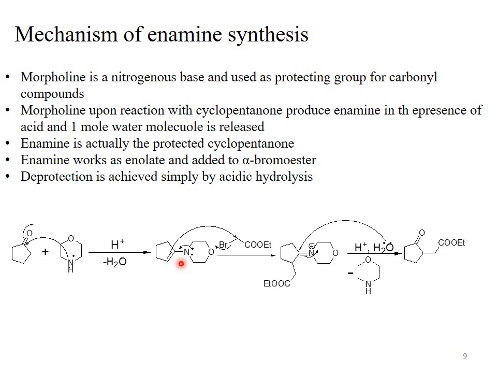We can say it's a protected carbonyl compound and the functional group is enamine. This enamine works as a nucleophile on the principle of enolate, where the cyclopentanone is converted to enamine and not converted directly to enolate.